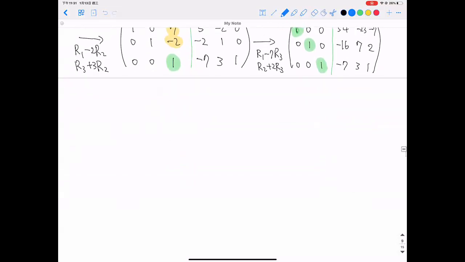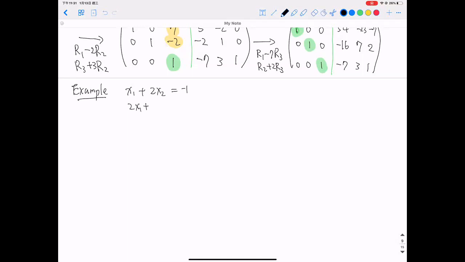So let's do one more example. This example is asking for something different.